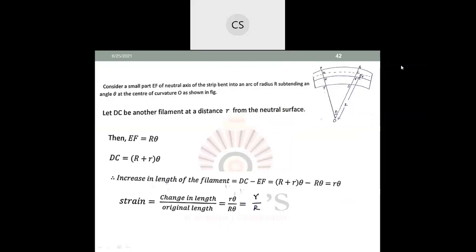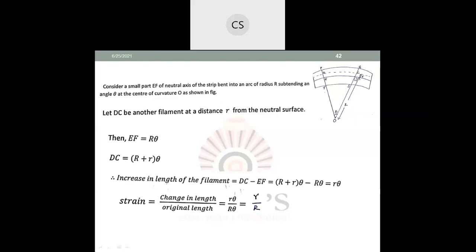Now consider the same image, I put it as a small image. Let us consider one more arc DC, which is slightly above the neutral filament.